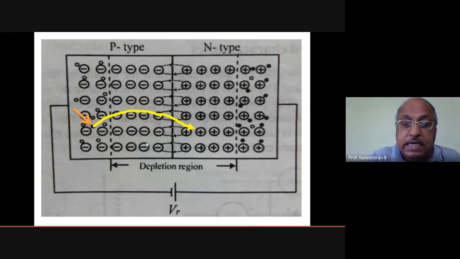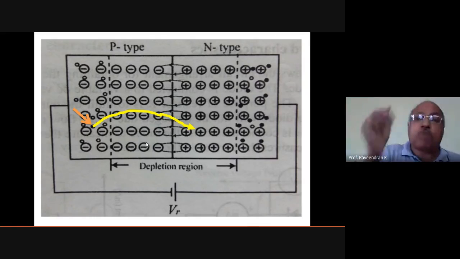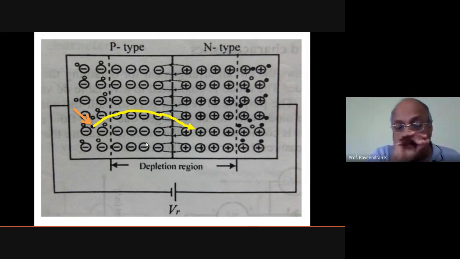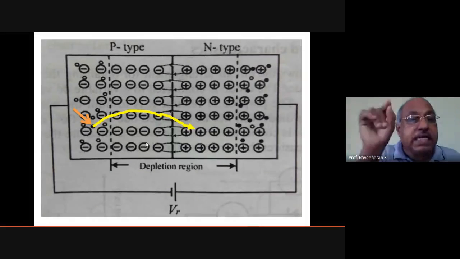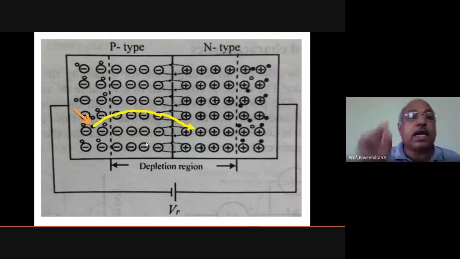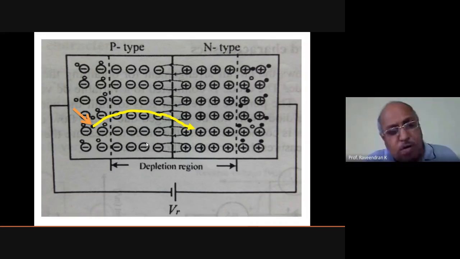Under reverse biased condition, the current through the PN junction will always be the leakage current, of the order of some microamperes. It is not an ordinary current flow. It is a leakage current due to thermally generated electrons, and it is of such a small value, of the order of microamperes.